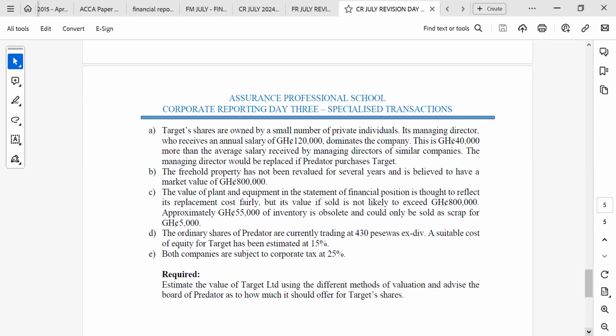Okay. Let's come to the B. The freehold property has not been revalued for several years, and it is believed to have a market value of 800,000 Ghana cedis.